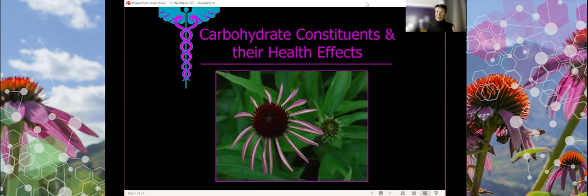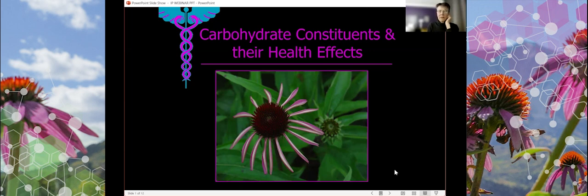But within that major category, there are phytochemical subcategories with some really interesting biologically active constituents that are in some of our favorite herbs. Okay, so this is the umbrella for immunomodulating polysaccharides.